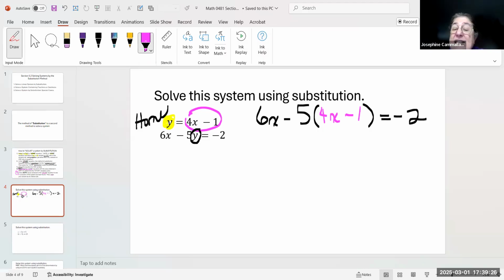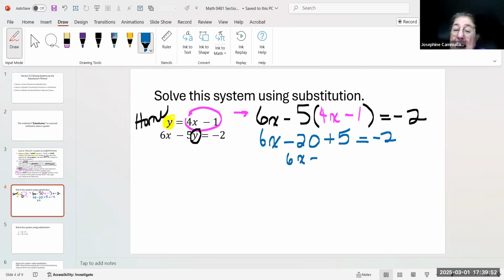I have just substituted. And if you'll notice, this equation only has x's. So life's nice. This will give me 6x minus 20 plus 5 is equal to negative 2.